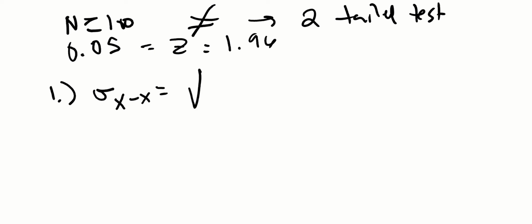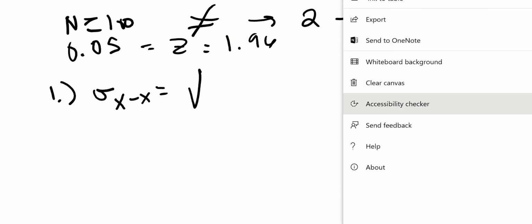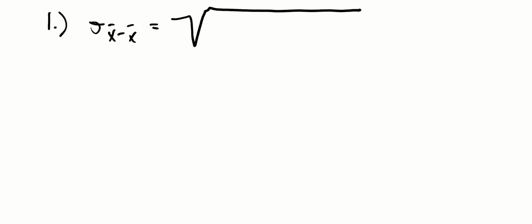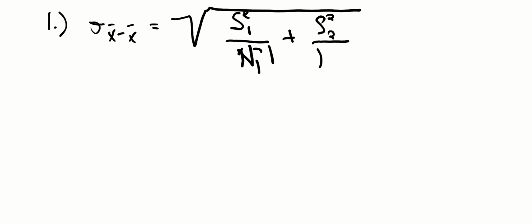For a large sample, the formula is the standard deviation squared of the first sample over n, the size of the first sample, minus 1, plus the standard deviation squared of the second sample over its sample size minus 1.